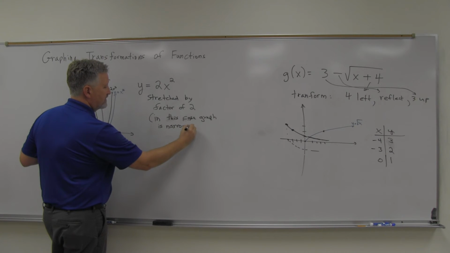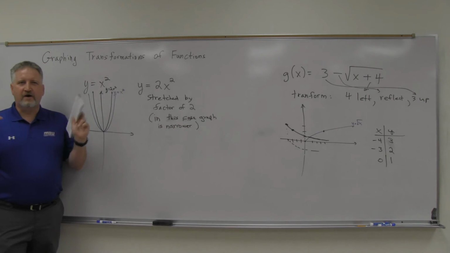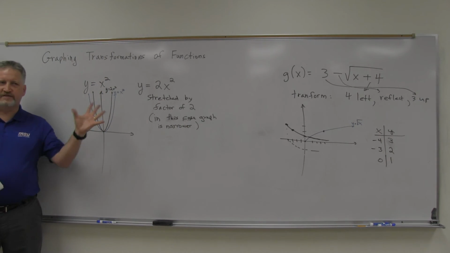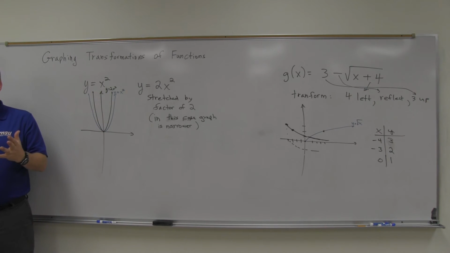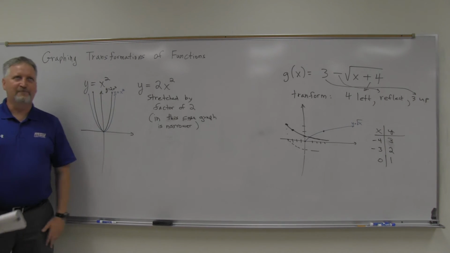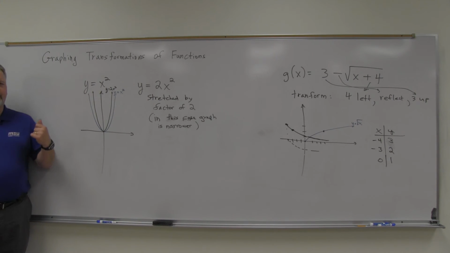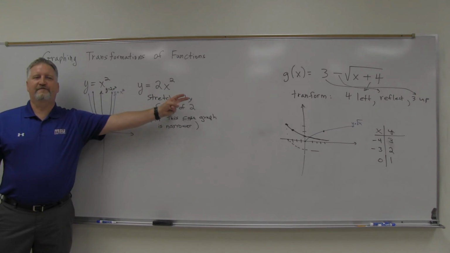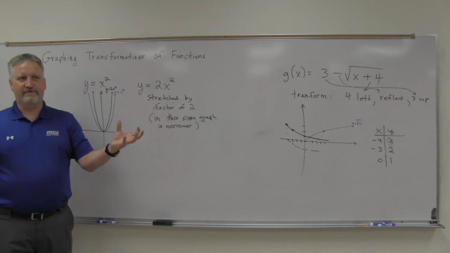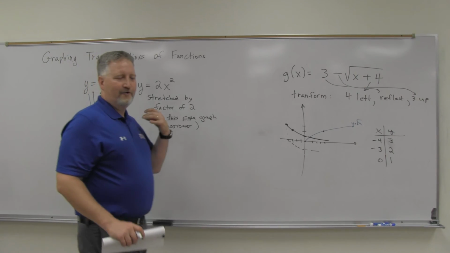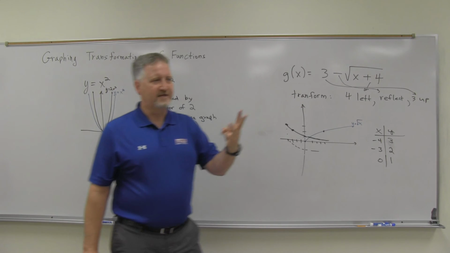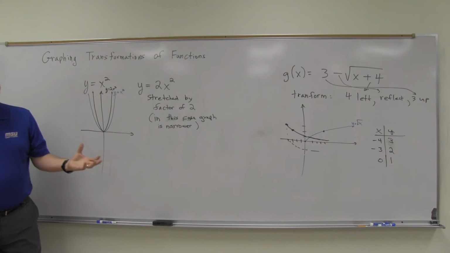Like I said, you couldn't always describe it as being narrower, just in this particular case. In other cases, it won't be narrower, but I'll show you in a second. All right, stretched by a factor. So a number multiplied in front stretches it by whatever factor it is. So if it's 3, it's going to stretch it by a factor of 3.